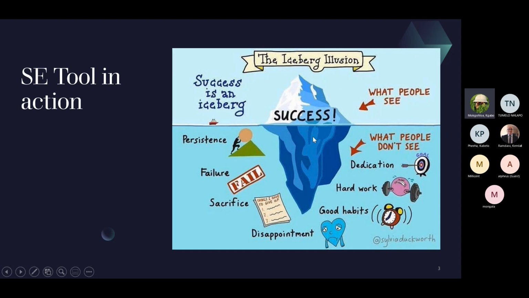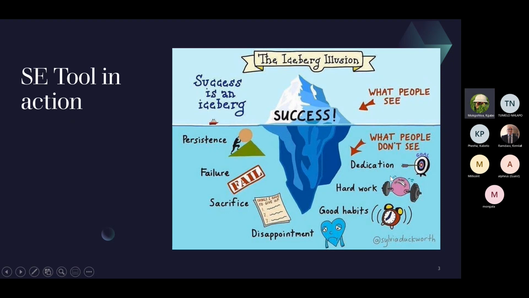So you can see here, we made an example where the top part is what people see. In this example, people can see success, but they don't know where the success might be emanating from. What people don't see is that you have already set a goal and you are dedicated towards that goal.